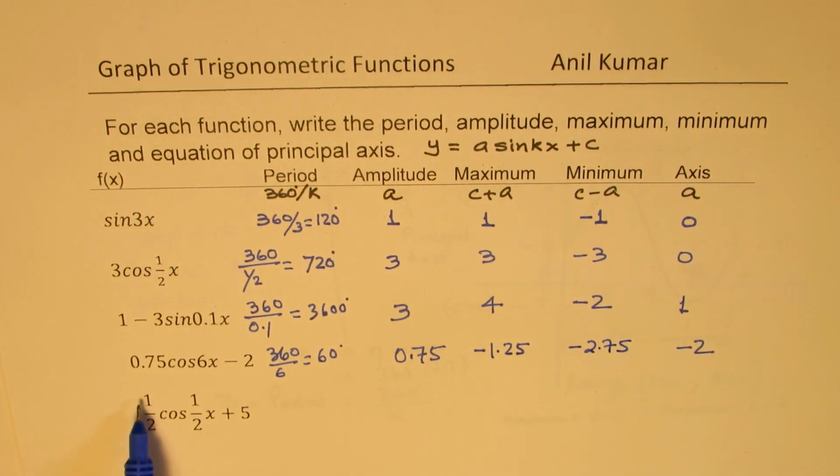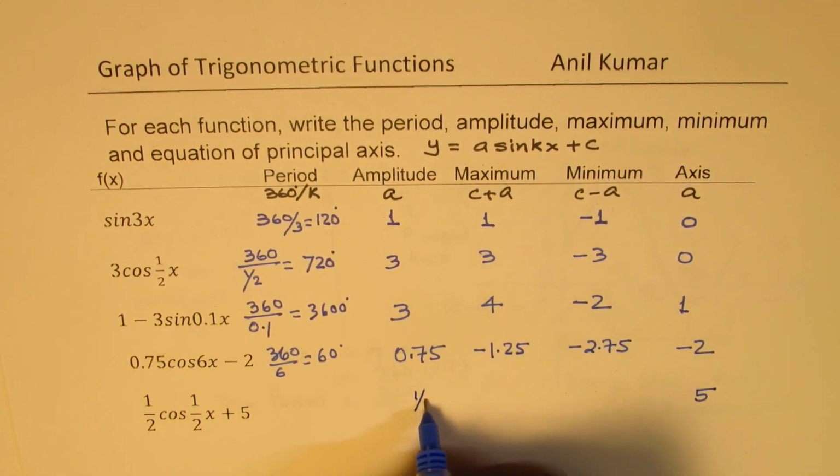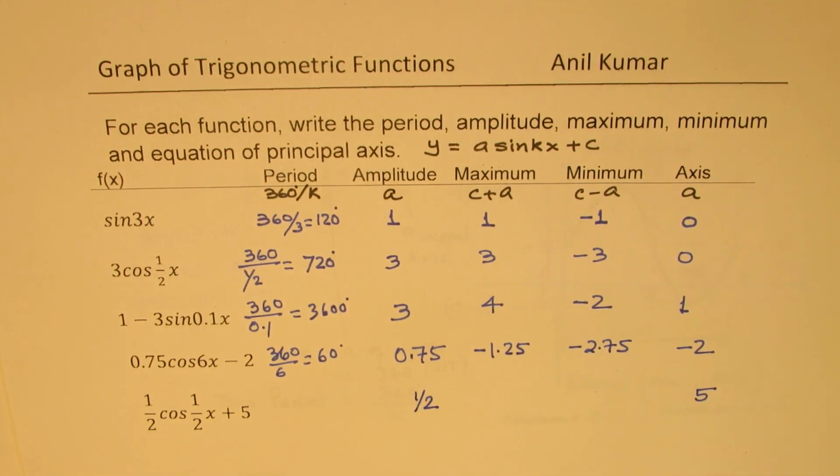The next one here is half cos half x plus 5. Now 5 is your axis, correct? And half is your amplitude. Directly you could read these values. That is why I'm writing them first. For the other things, we have to do calculation, right? Once you get this, you can calculate these two, right?